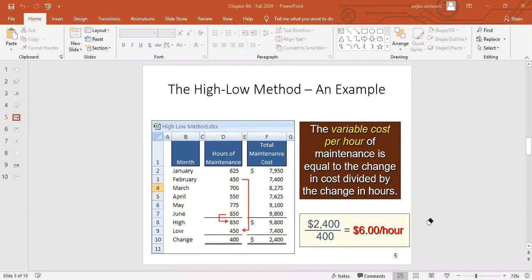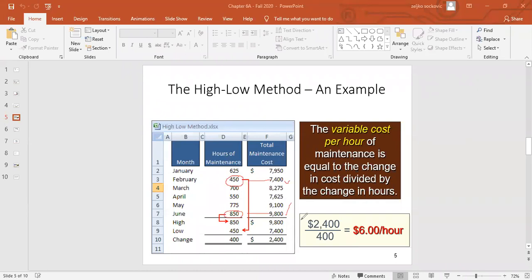So how much of this is variable, how much is fixed? That's our goal here, to figure out how much is variable, how much is fixed. And how we do this, we start with activity first. We find 2 points, the lowest one and the highest one. Those are the 2 points, 450 and 850 in this set. And what costs correspond to this? These costs, 7,400 and 9,800. These will be our points.